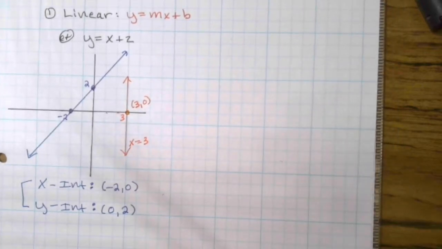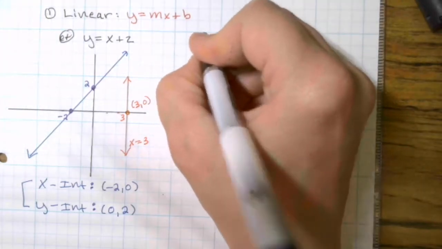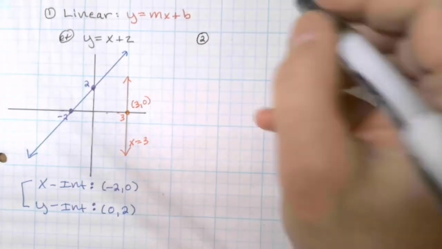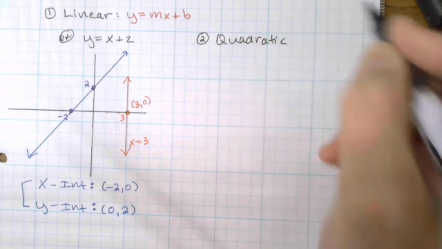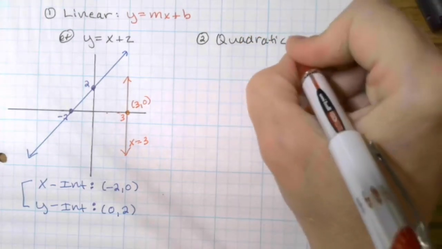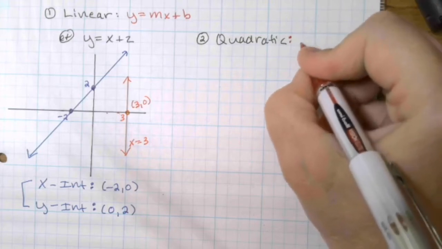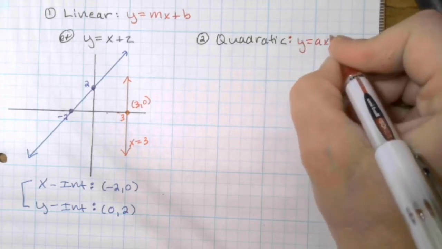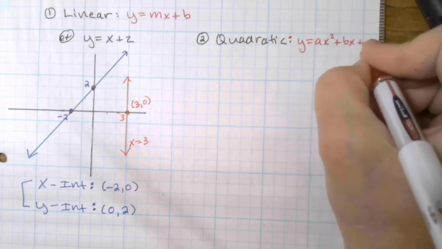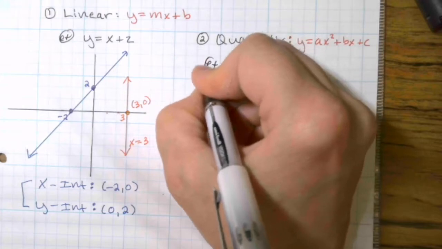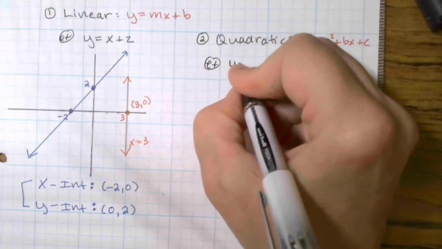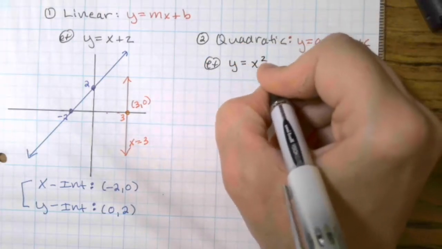Okay, so the second type of graph I'm going to review is a quadratic, which is a graph in the function form y equals ax squared plus bx plus c. So an example of this would be y equals x squared minus 1.